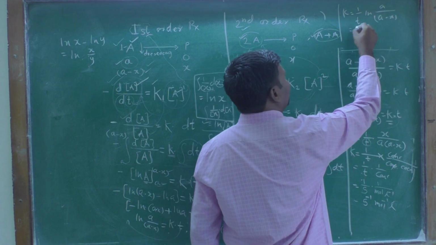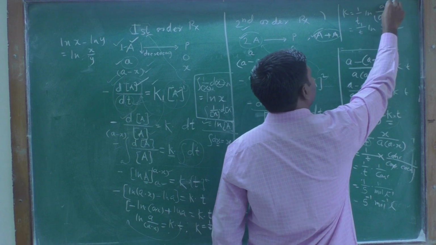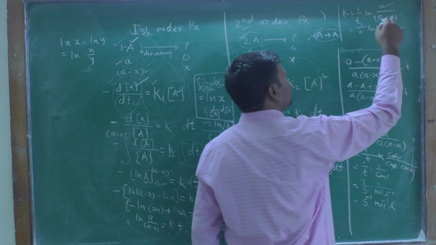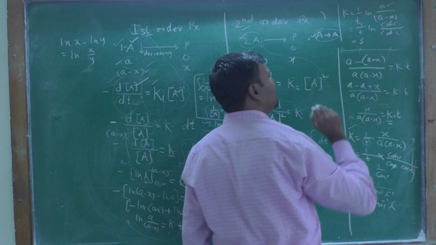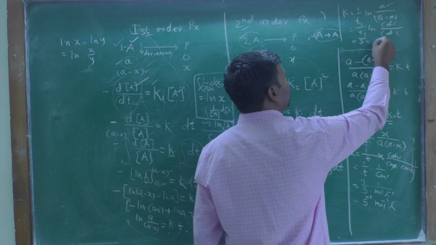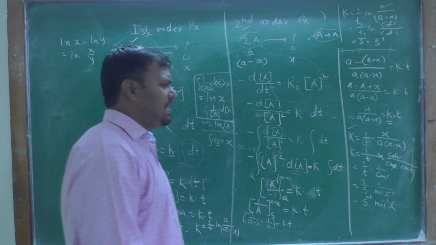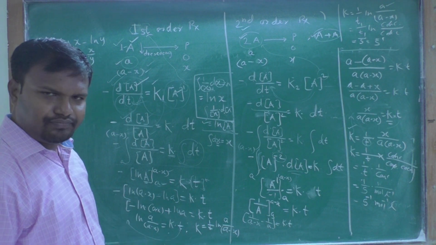Here 1 upon t, t is your time, and ln a upon a minus x, a is the concentration and a minus x is also concentration. Concentration will be cancelled. Therefore for the first order reaction only 1 upon t remains, 1 upon second, that is per second. Like that way we calculated its unit also.